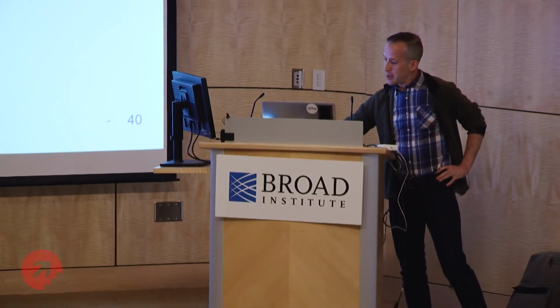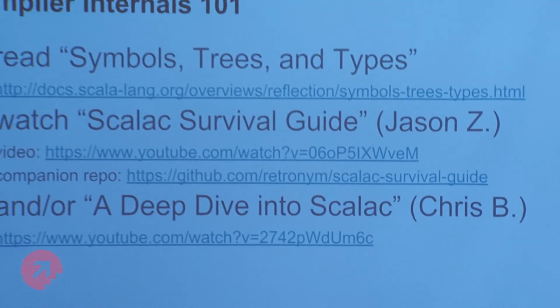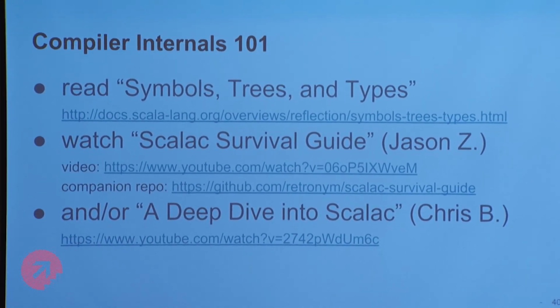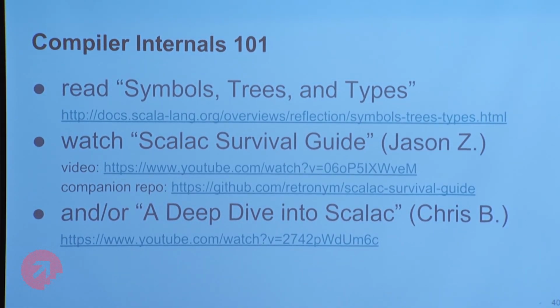Yes? List of recommended reading for things like that. Oh, sure, yeah. So symbols, trees, and types, that's in the official docs. That's like the Bible. And these two talks, they kind of cover similar ground. They're both good. Each of them is about an hour long.